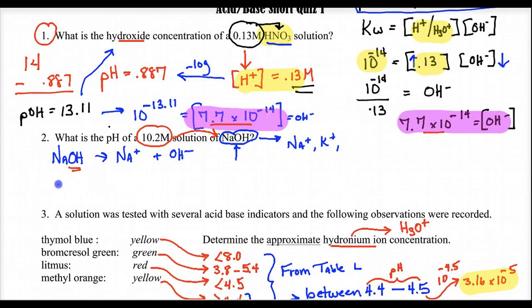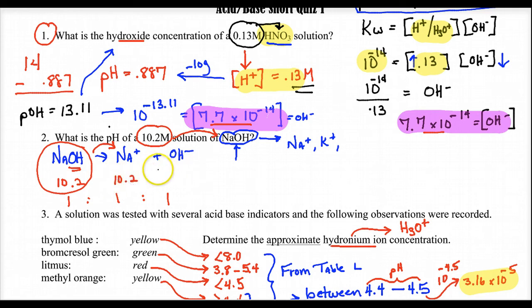So if it's 10.2, just as I said before, if there's complete dissociation, all of this will become the Na+ and hydroxide. Because there's a 1:1:1 ratio, all of the NaOH will become Na+ and hydroxide.